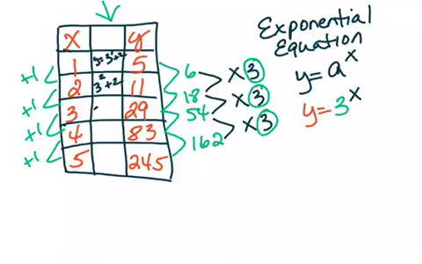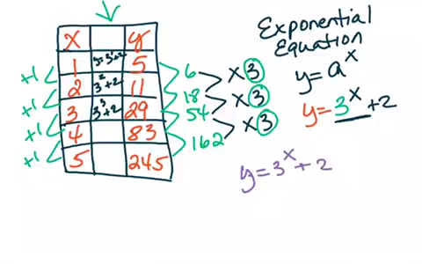How about 3 to the third power? That's 27. Plus 2 is 29. So all the way down, this is going to be this part of the equation, but it's got to be plus 2. So the actual equation is y equals 3 to the x plus 2.